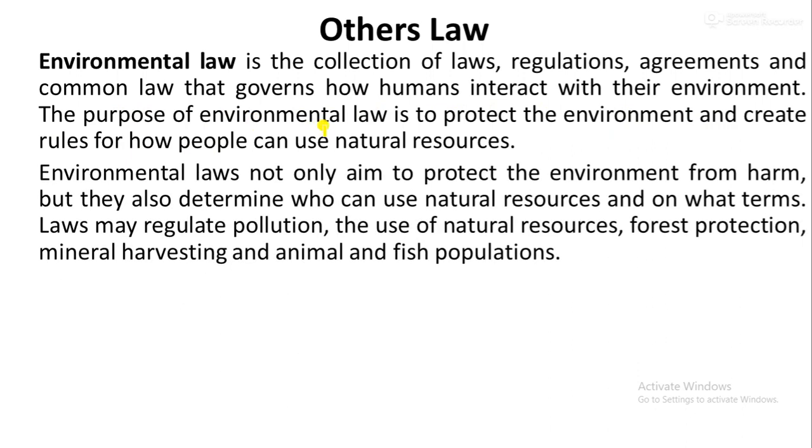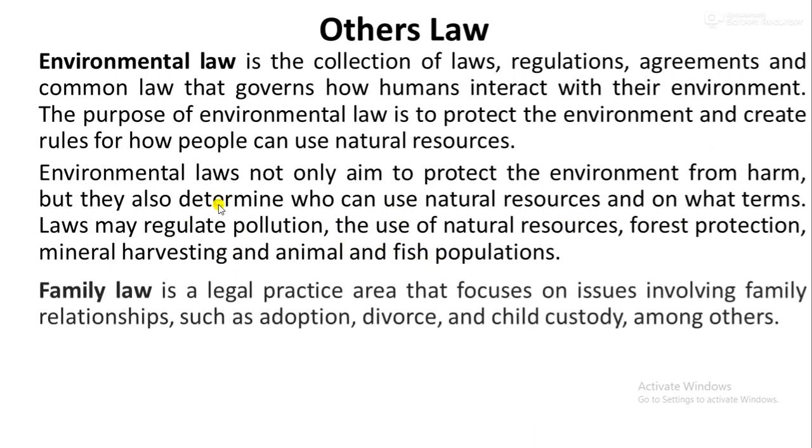So environmental laws not only aim to protect the environment from harm, but they also determine who can use natural resources and on what terms. Laws may regulate pollution, the use of natural resources, forest protection, mineral harvesting, and animal and fish populations. These all fall under environmental law.